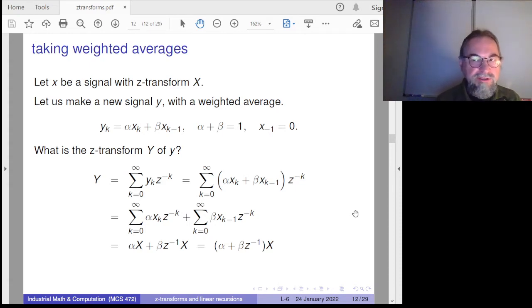So if this went a little bit too fast, an intermediate property is that if you take a multiple of a signal, then the z transform of that multiple is the multiple of the z transform. If you add 2 signals, the z transform of a sum is the sum of the z transforms.